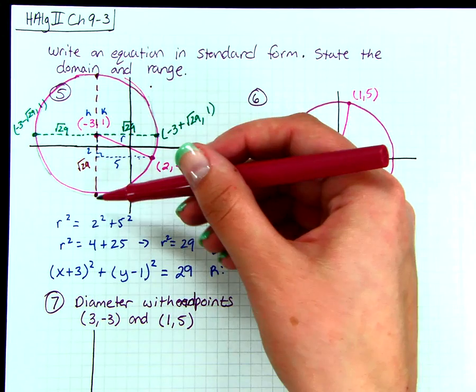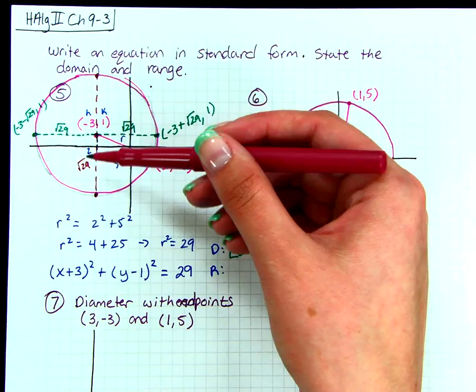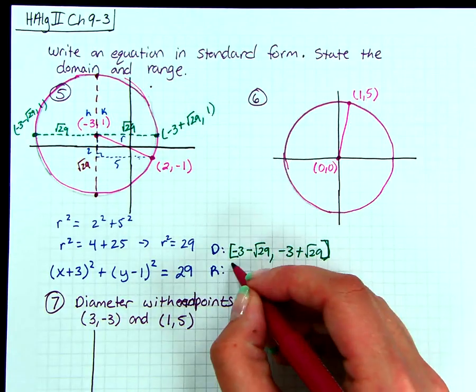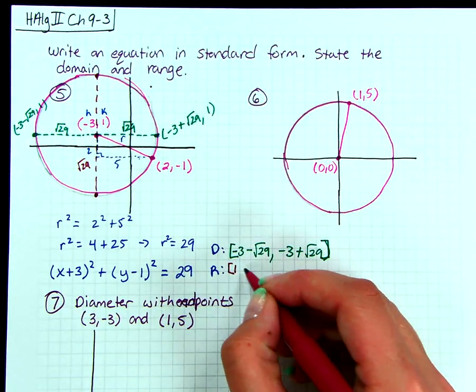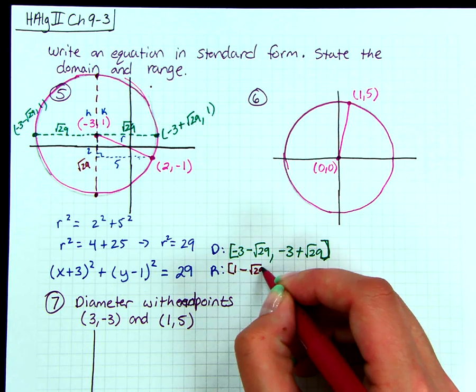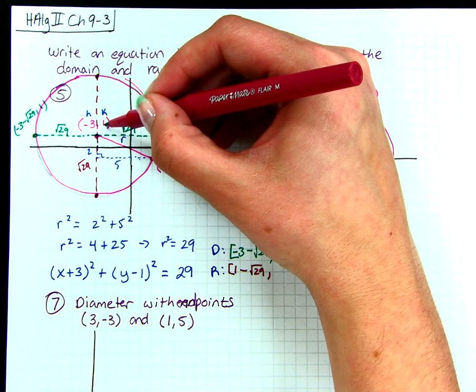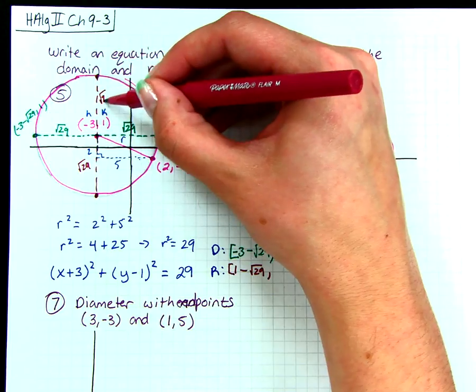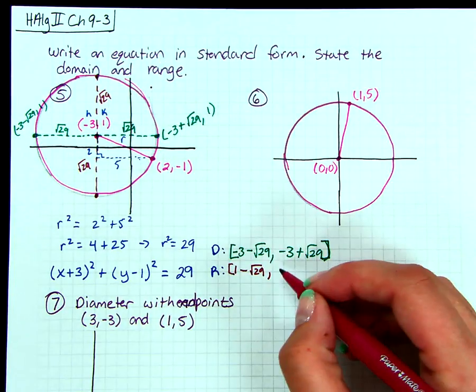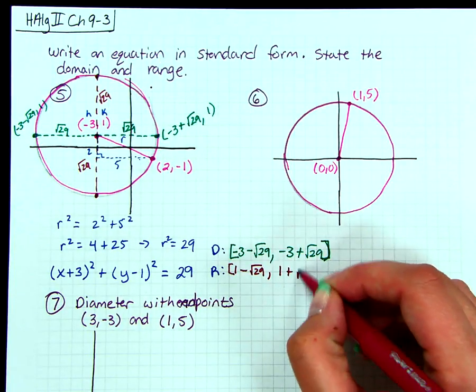So to get this, we would take our y value and subtract the radius. So I'm just going to write that right away. We would have 1 minus the square root of 29. And then to get this one, we would take our y value and add our radius again. So it's going to be 1 plus the square root of 29.